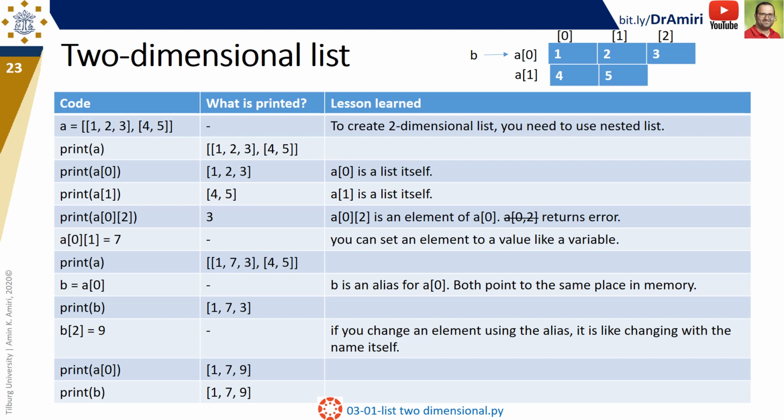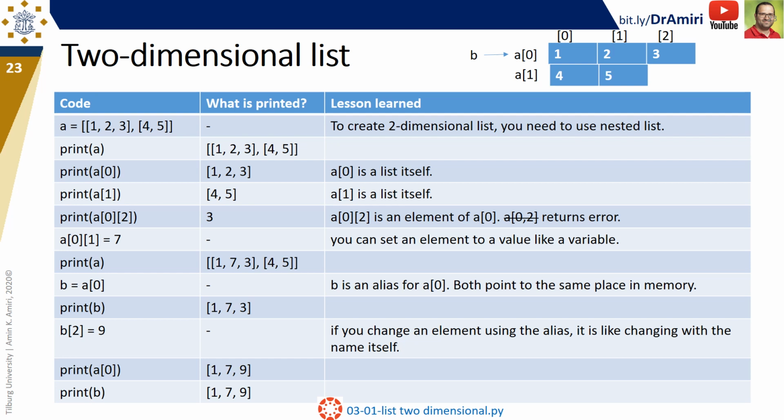So as you can see here, 1, 2, 3 in brackets is itself a list. And A is a list of lists. So that's why it's called a two-dimensional list. We can also have three-dimensional lists, n-dimensional lists. But usually in this class, we only need a maximum of a two-dimensional list.